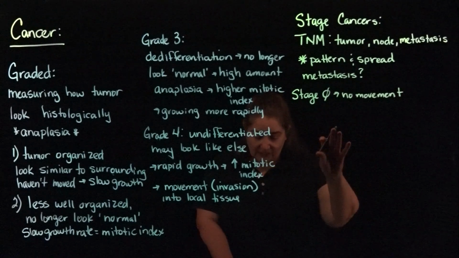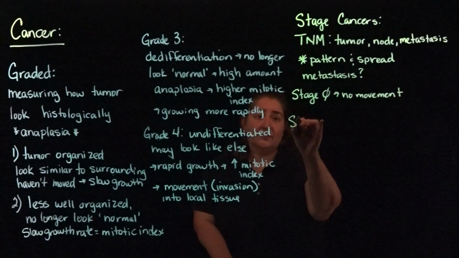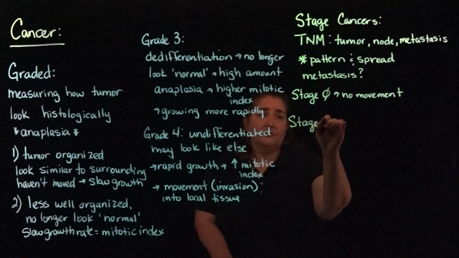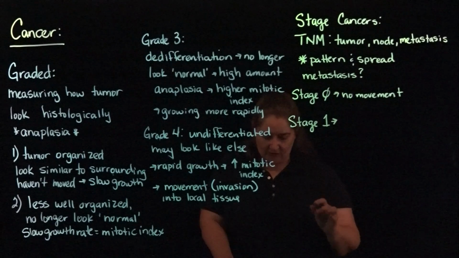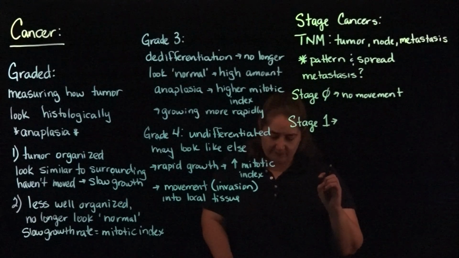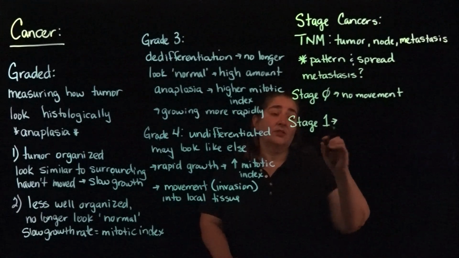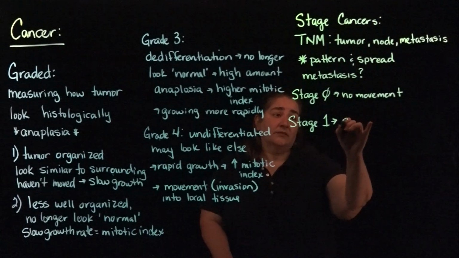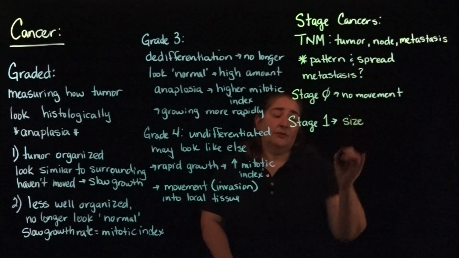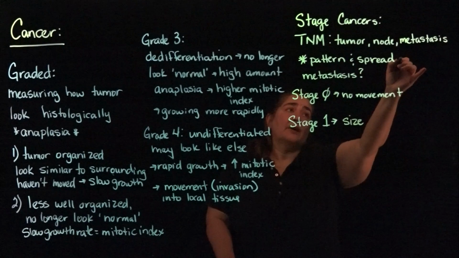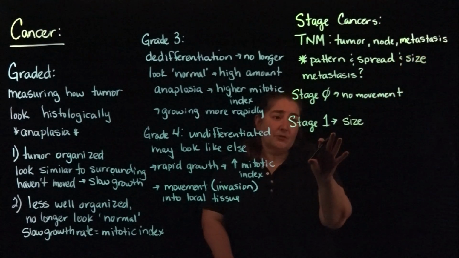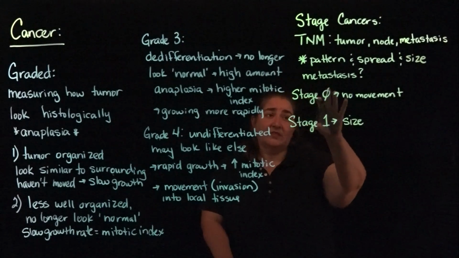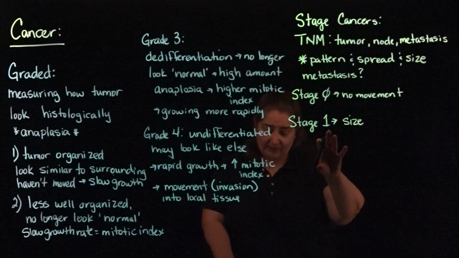So things have not spread to the surrounding tissue. Stage 1 now can get to and be related to size. So I should have pattern, spread, size. Smaller tumors are going to be stage 0, stage 1, okay?